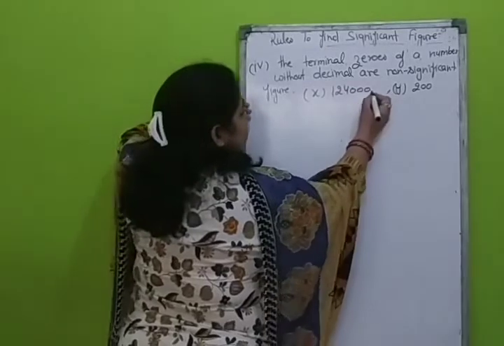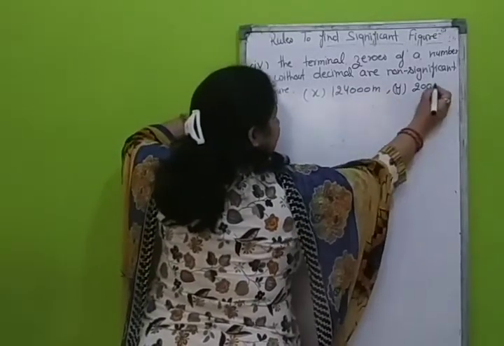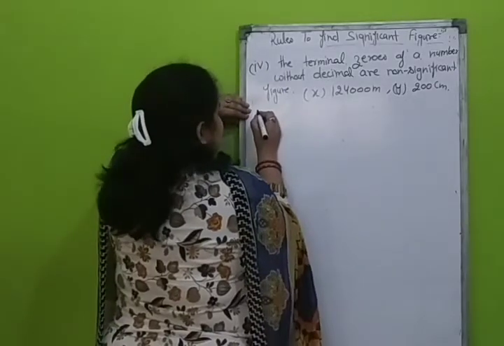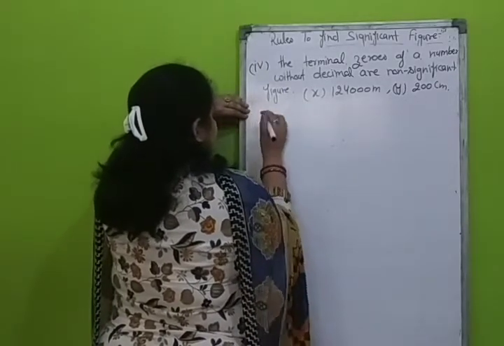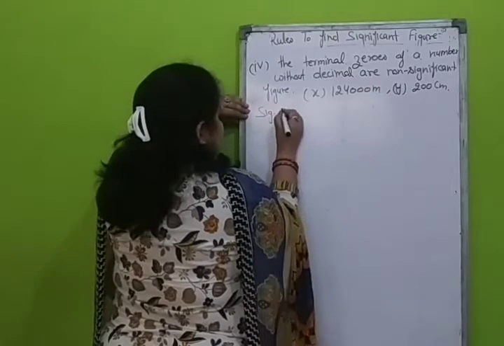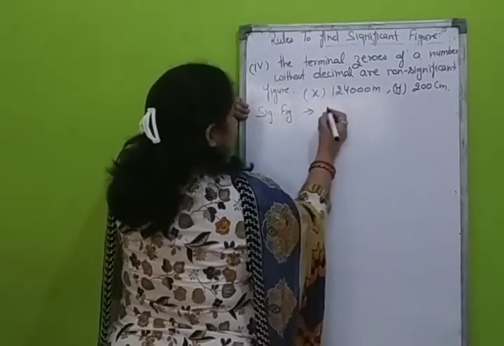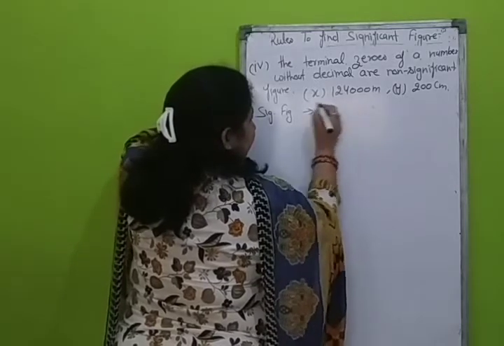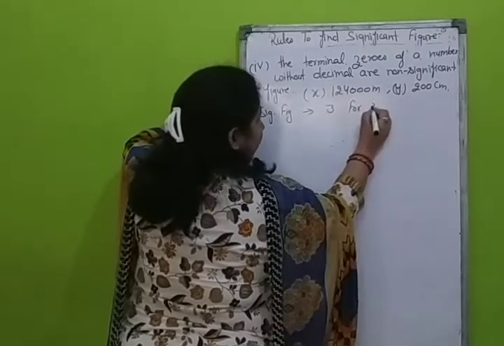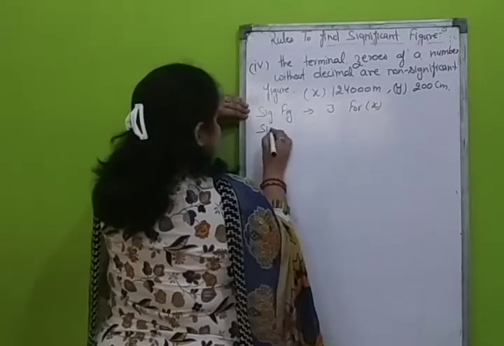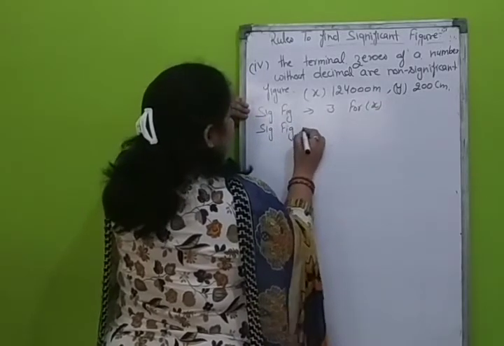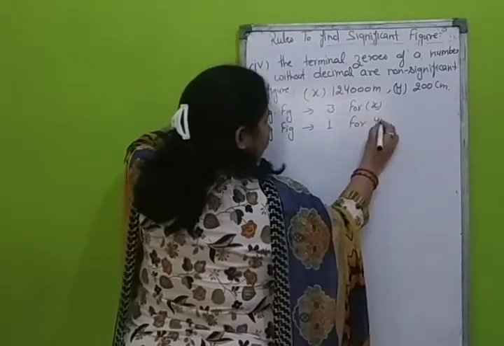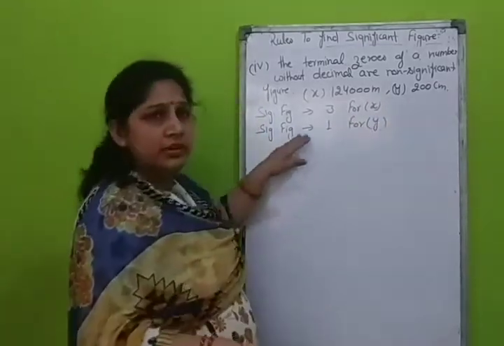Suppose this is in meters, this is in centimeters. Then the significant figures are 1, 2, 3, only 3 significant figures for x, and 1 significant figure for y. Got it?